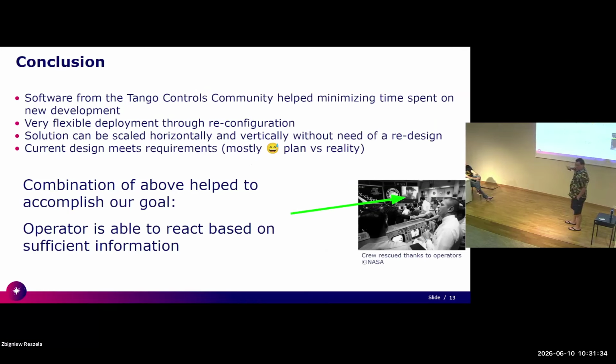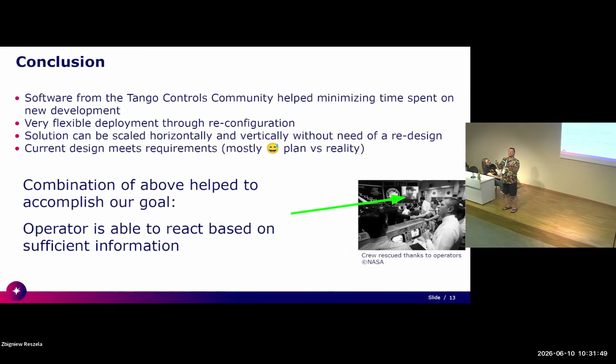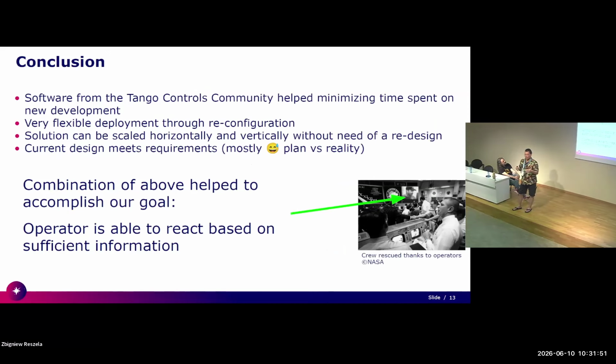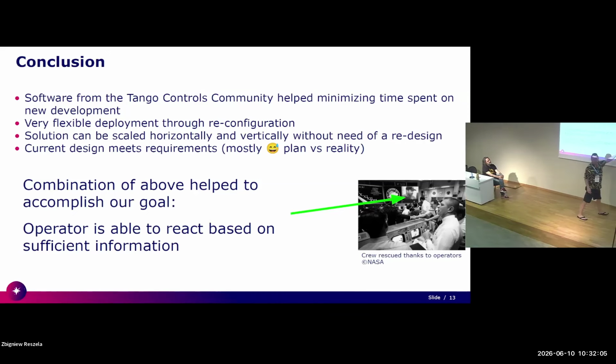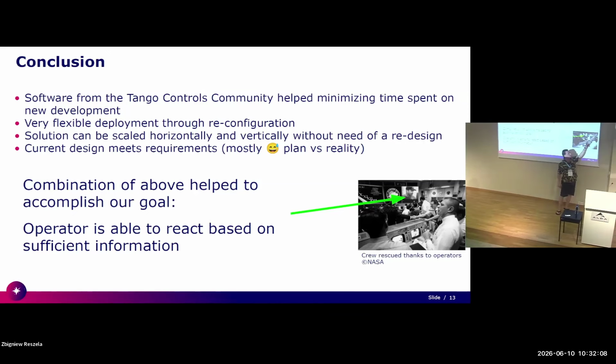The conclusion of all this, the blah, blah, blah, what is the beef of this? The conclusion is, if I have an alarm management system that gives my operator real information and is really supporting my operator and is not in my operator's face all the time and is not in my operator's way, but just displays crucial information at crucial times only when needed, then we can actually rescue the mission, rescue the people, Apollo 13, right?